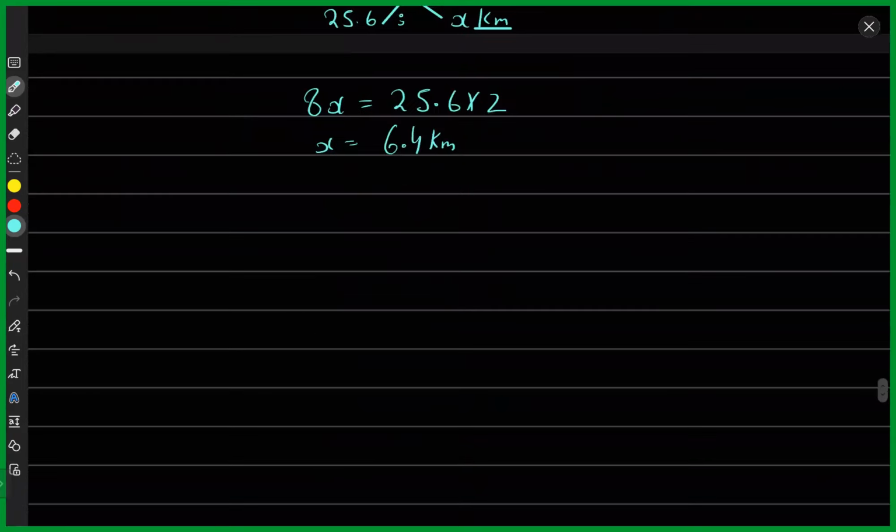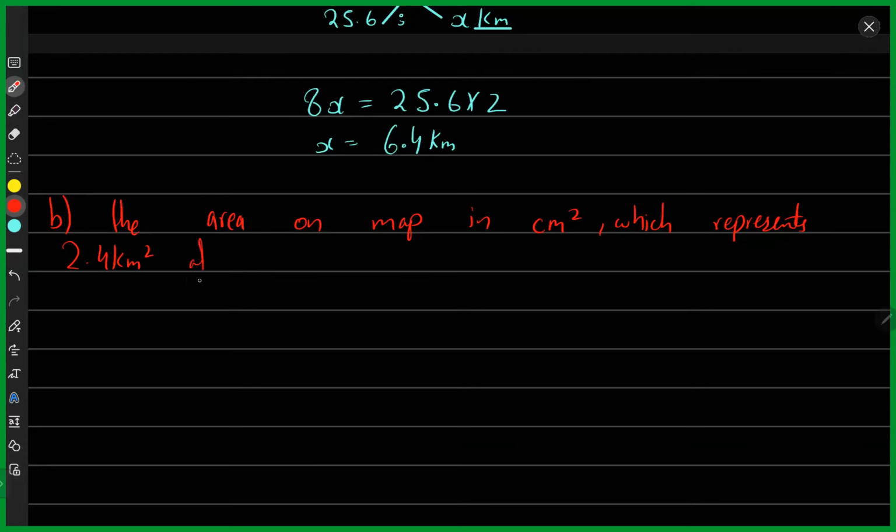Then one last part is for you guys. Please do it quickly, and then that is it. It says the area on the map in centimeter square which represents 2.4 kilometers square of an actual area.